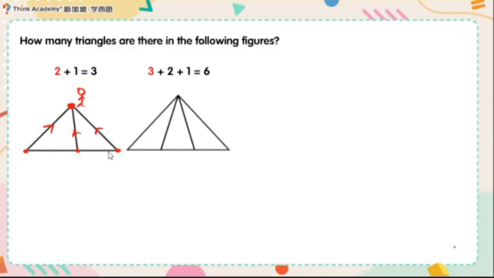So all the points on the base, on one of the sides, they all shoot towards the peak at the opposite. Whenever you see triangles like this, all the lines start from points on this side, and they all shoot towards the opposite peak, right?